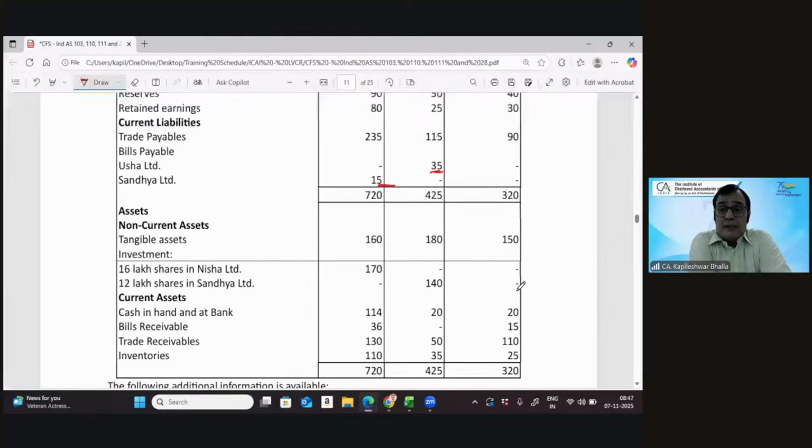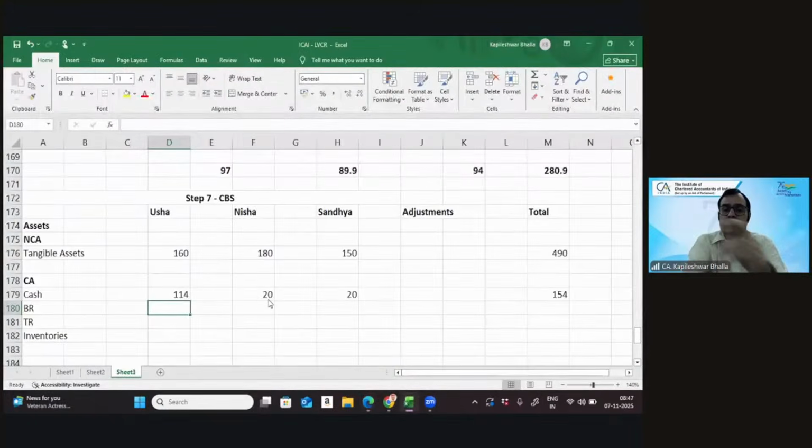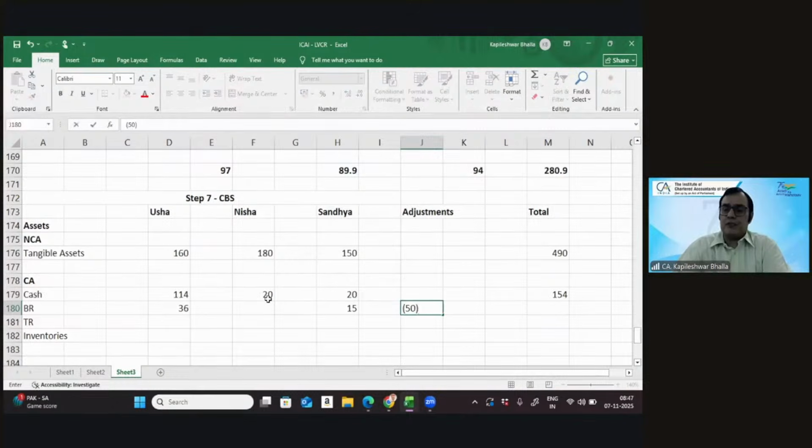Can I say that makes it intercompany owings, to the extent of 50? Correct. So let's take the bill receivable 36 and 15. This is 36, this is 15, and intercompany owings is 50.